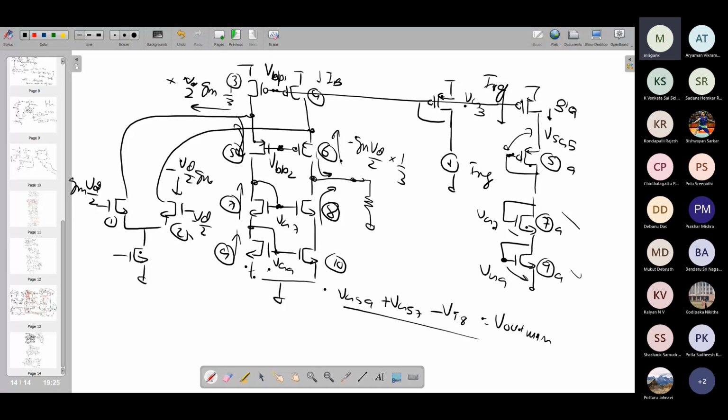You basically get a self-biased output node, and in this case it is going to be the dominant pole once again, because here you get an impedance of gm ro squared. So it is a high impedance node, and at the same time it is self-biased because of this VG7, VG9 mirroring. Is that clear? Are you able to understand this stack, how it is working, how the current folding is happening, how the biasing is happening?